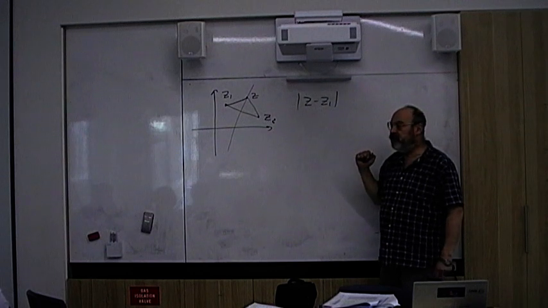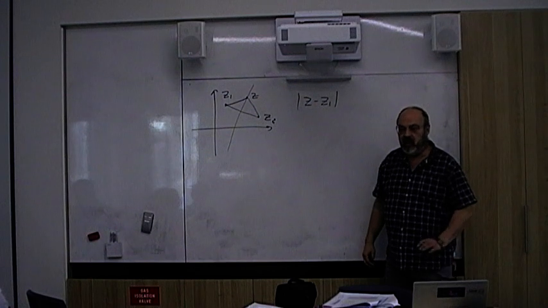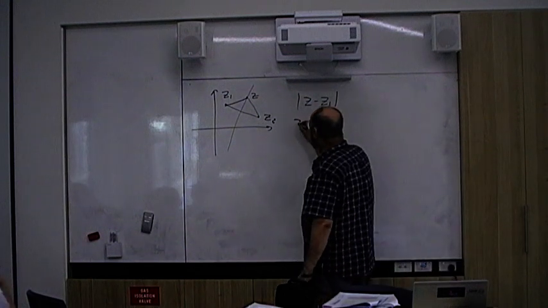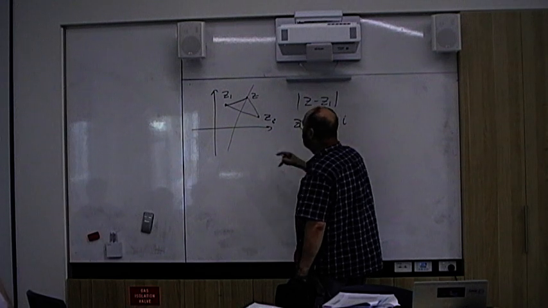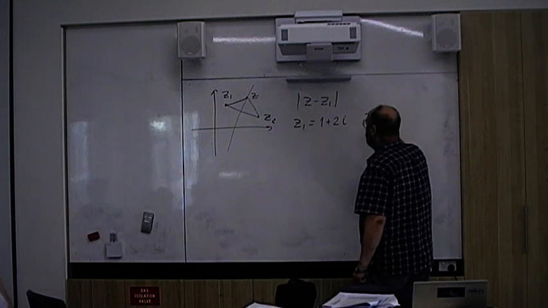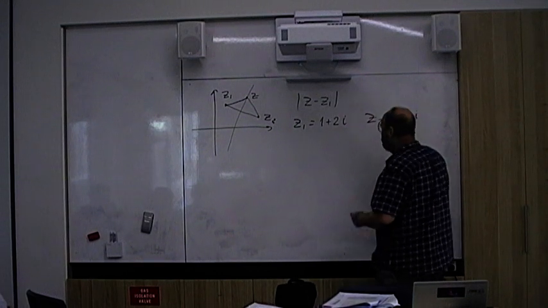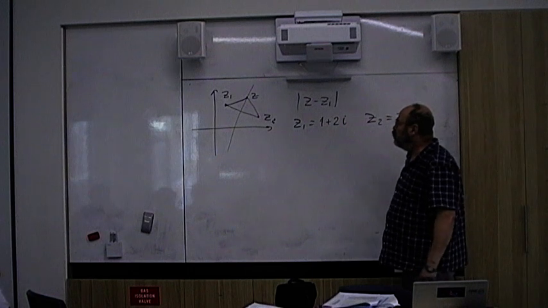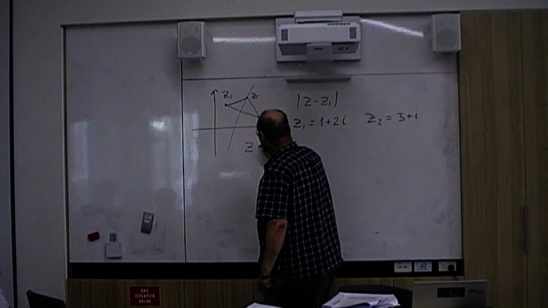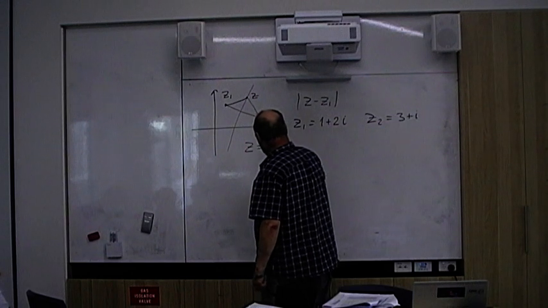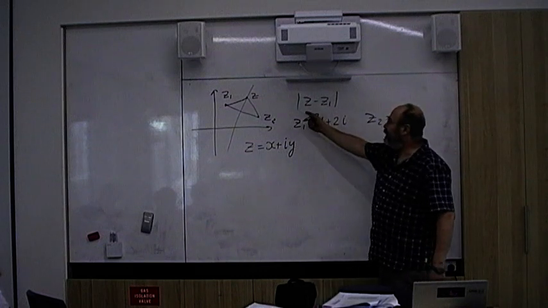Let's do an example: point Z1 is 1 plus 2i, and point Z2 equals 3 plus i, and let's take Z as x plus iy.